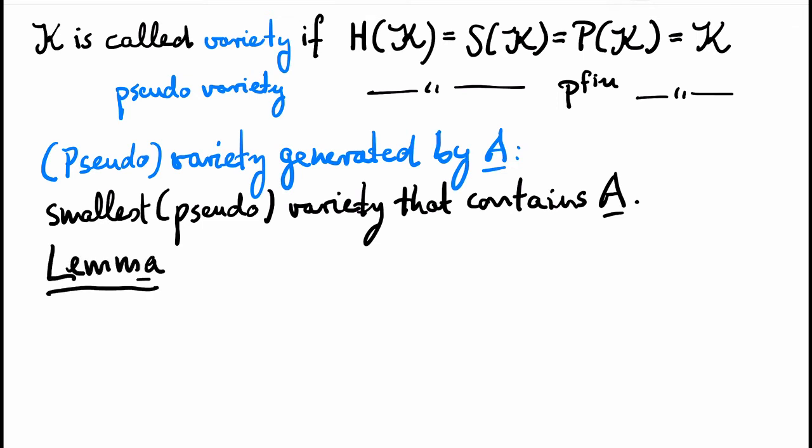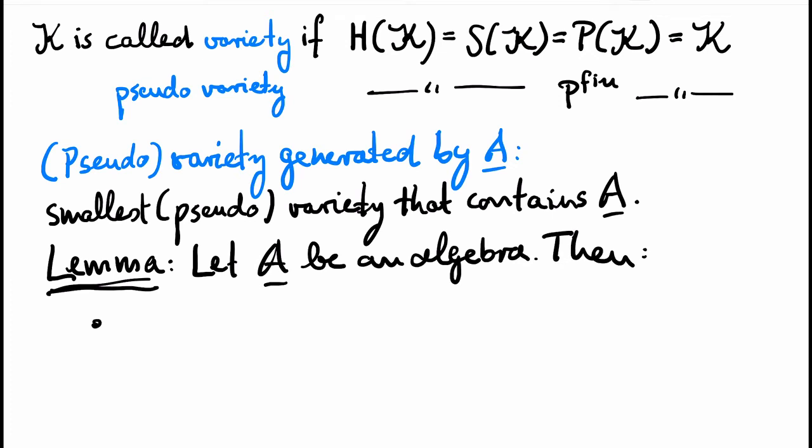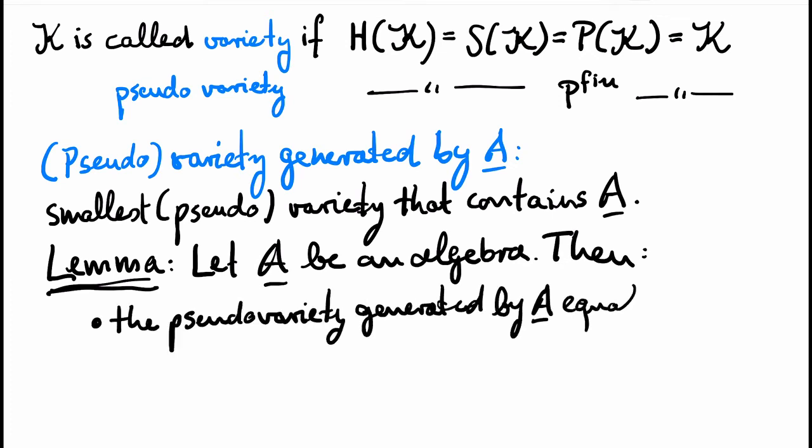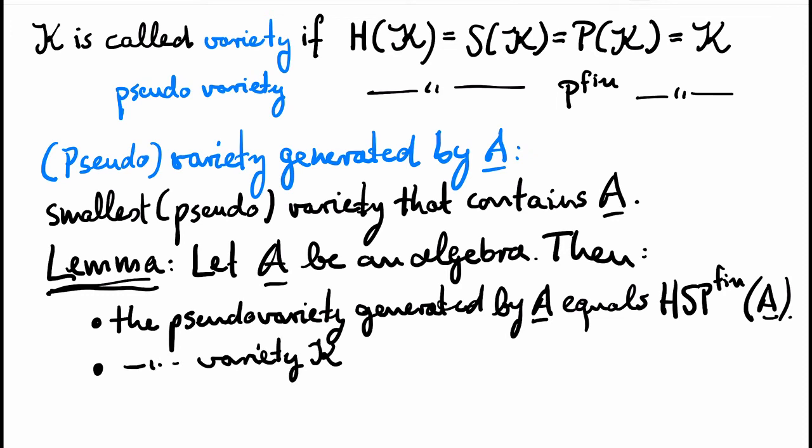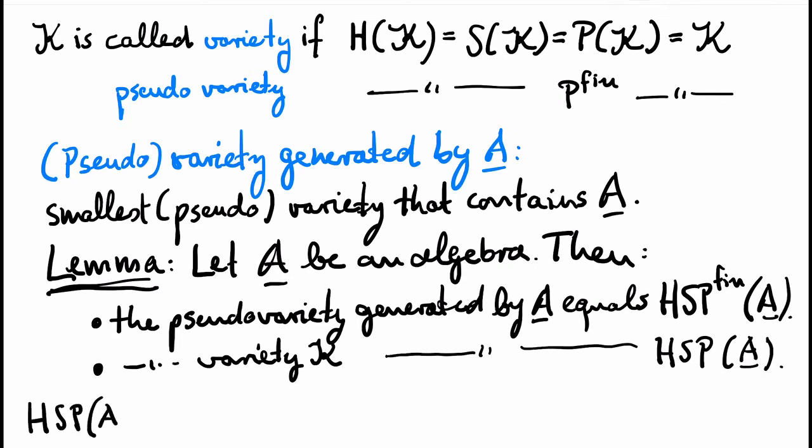And now comes a lemma. Let A be a finite algebra. Then the pseudo-variety generated by A is precisely HSP fin of A. And the variety generated by A is precisely HSP of A. So it suffices to apply each of the operators once, and in this specific order, to obtain the entire variety generated by A. In both statements, one inclusion is immediate from the definition.